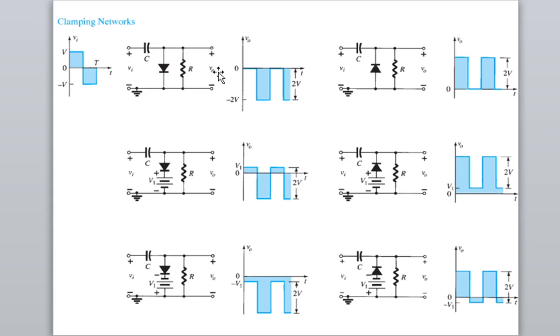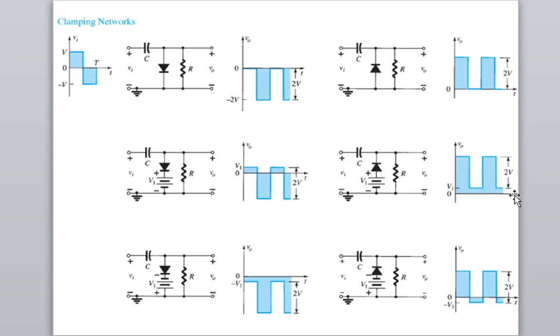Similarly, you can do this with the diode biased with a DC power supply. If you apply the DC power supply, it will appear when the diode is in forward bias, so that is why it appears here, and the rest of the problem remains the same. Similarly, if you change the polarity, this will override with the DC power supply.